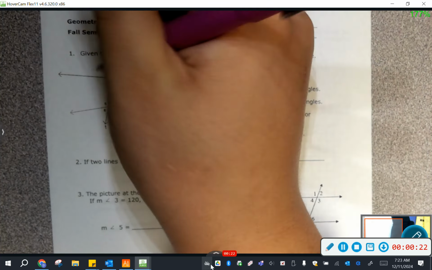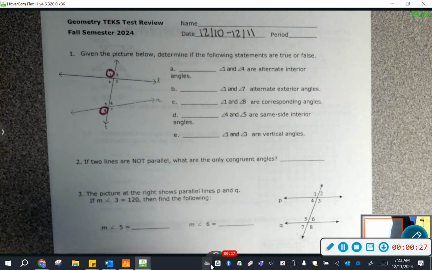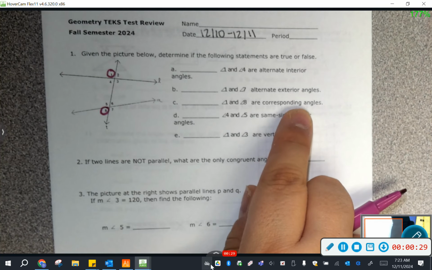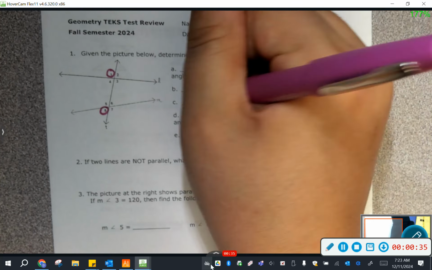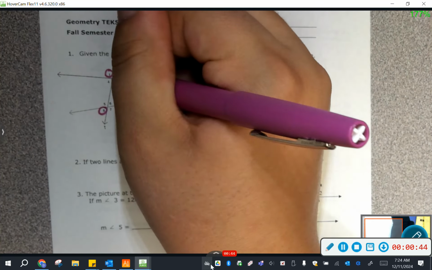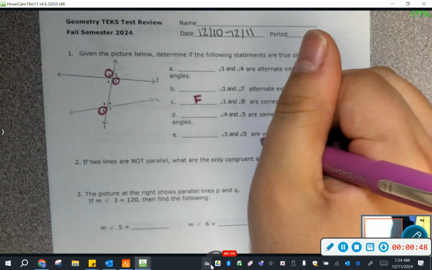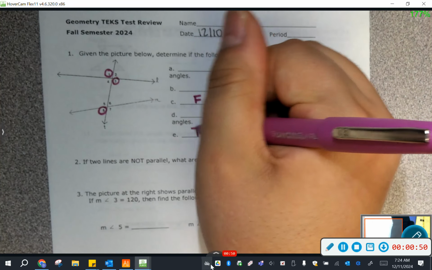All right, so the question I want to remind you about is number 8. Are 1 and 8 corresponding angles in the same spot for each intersection? No. False. What are 1 and 3 called? Vertical angles. That is true.